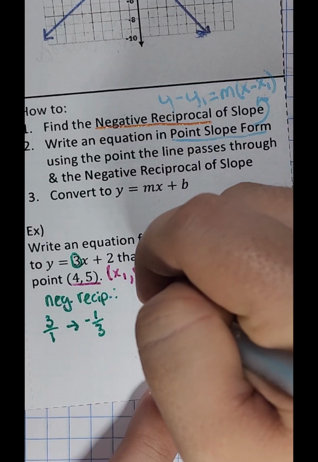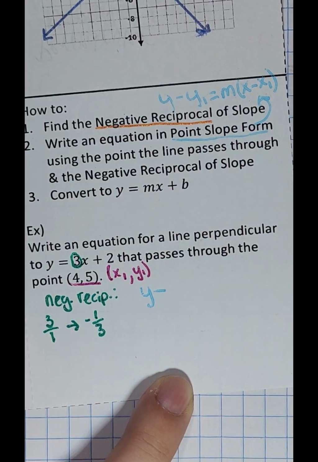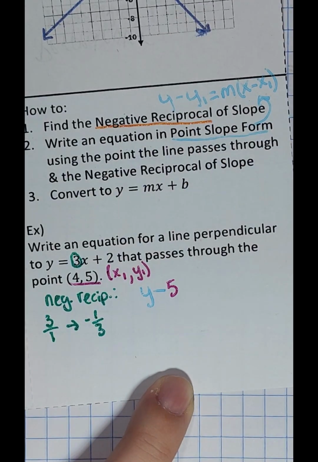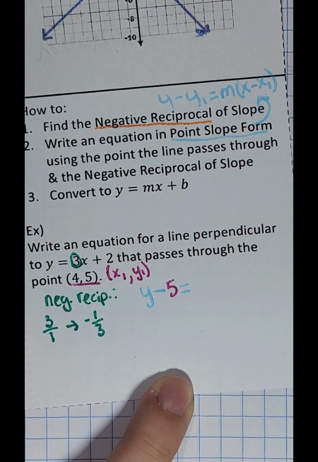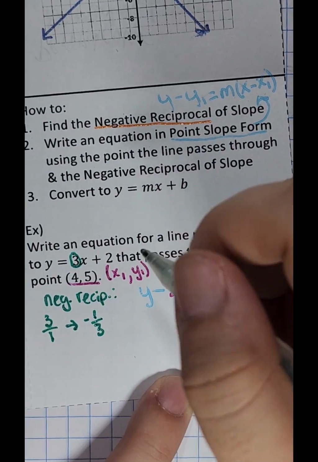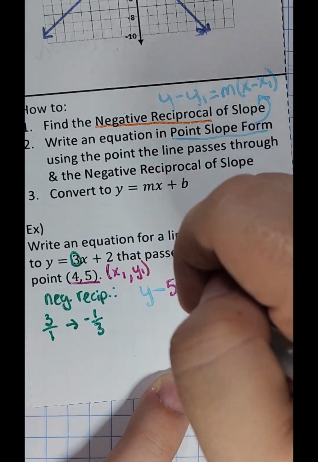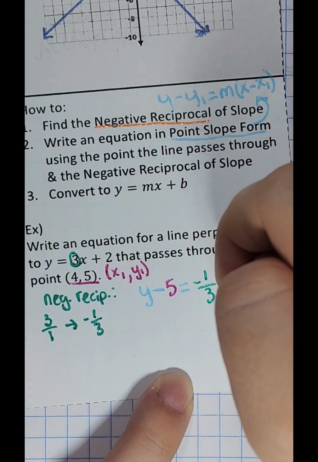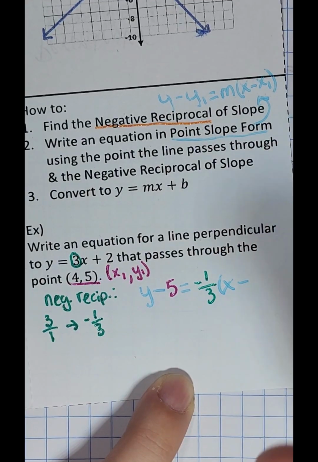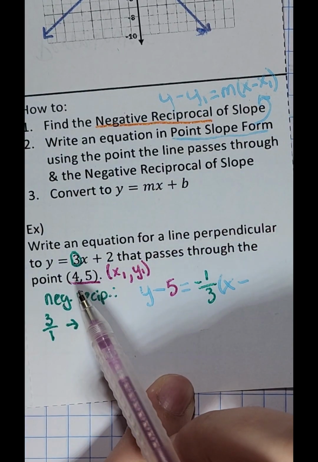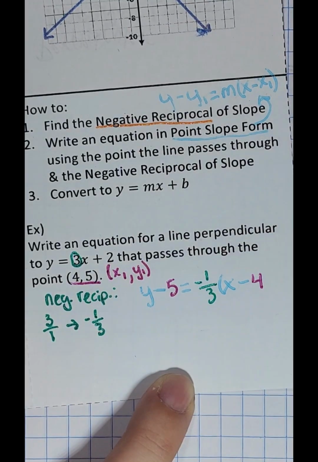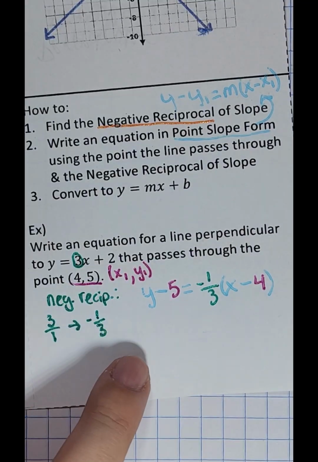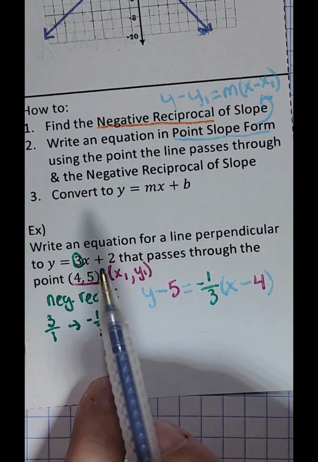So I have y minus the y from the point we are passing through, which is 5, is equal to the slope, which is the negative reciprocal, so that's negative 1/3, times x minus the x from the point we're passing through, which is 4. Close your parentheses. Now we're going to go to step 3.